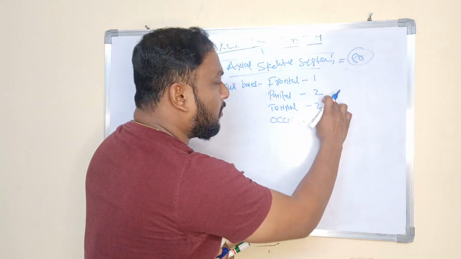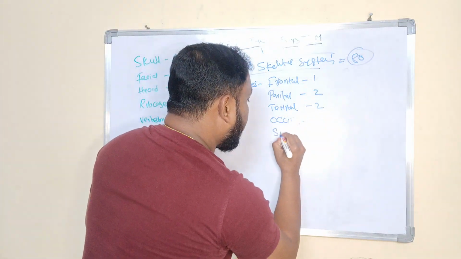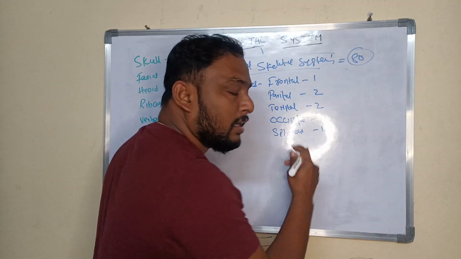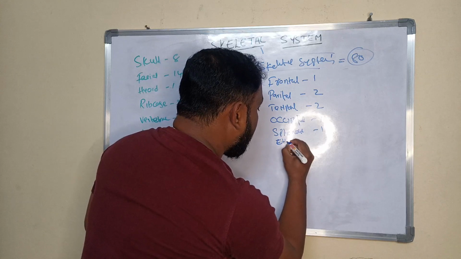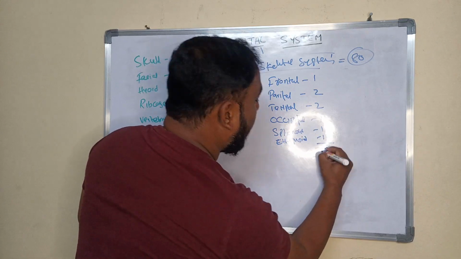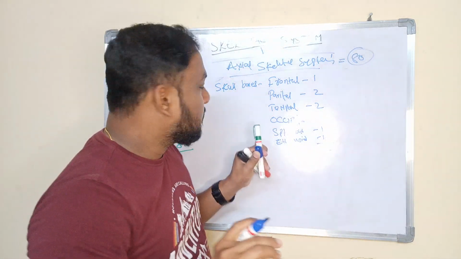So here that makes 6. Then sphenoid, and inferiorly present, ethmoid, 1. So in total there are 8 bones in the skull.